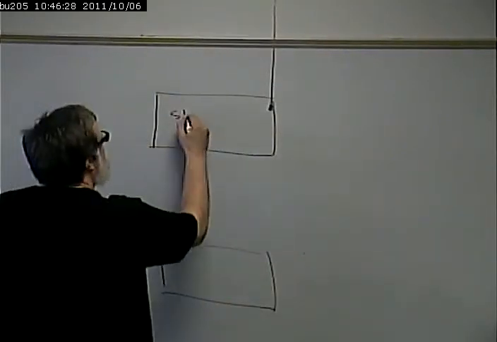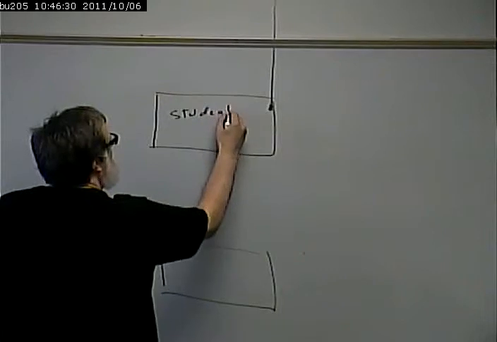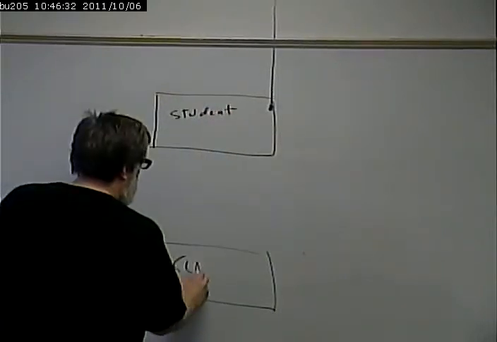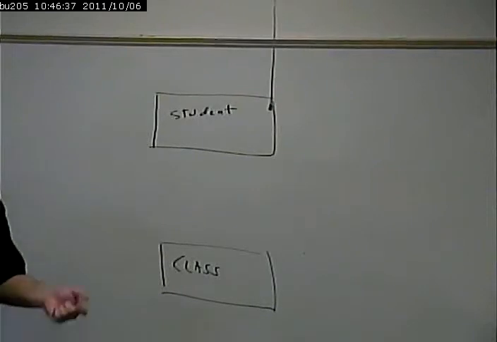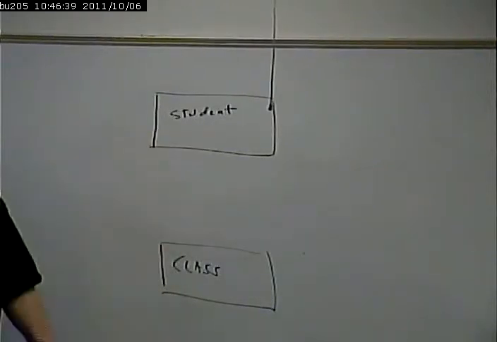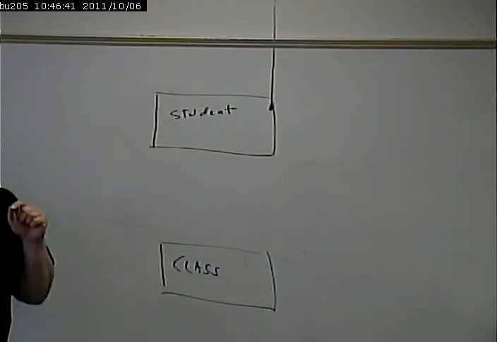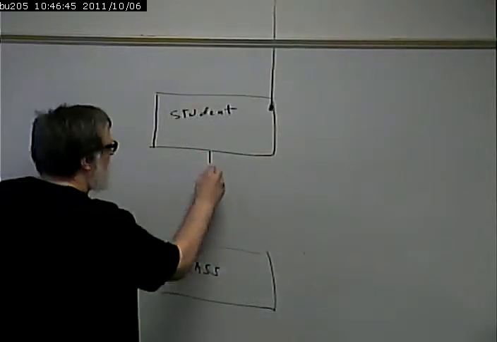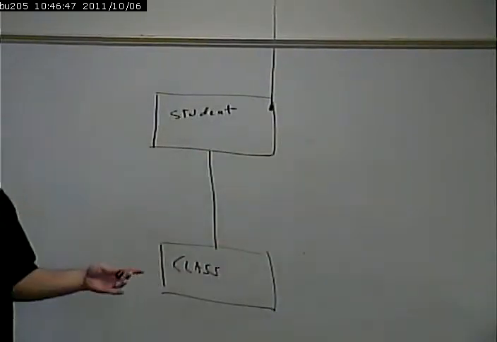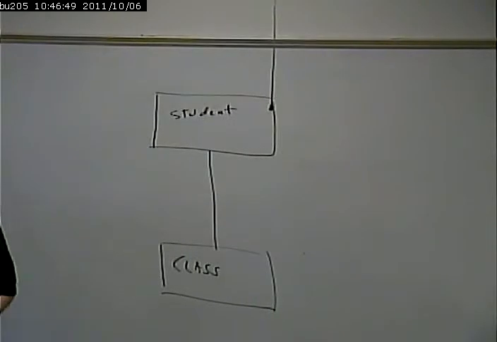Let's say we have a student table and a class table. All right? So, what's the relationship between student and class? To correctly identify this, we have to go both ways. We know there's a relationship between students and classes, right? Students are in classes, so there's some sort of relationship.